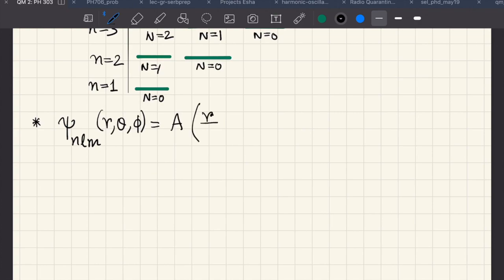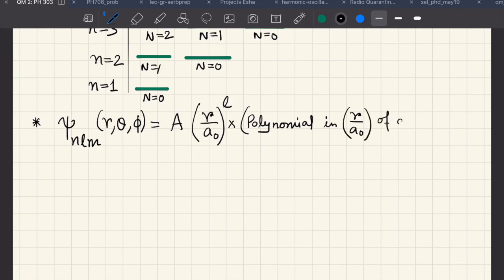Then if you remember, it has a factor of r over the Bohr radius to the power L. It was multiplied by a polynomial in r over the Bohr radius, the radial coordinate by the Bohr radius, which was of degree capital N, which was being multiplied by e to the power minus r by a naught into n, and finally you will also have Y lm theta phi.